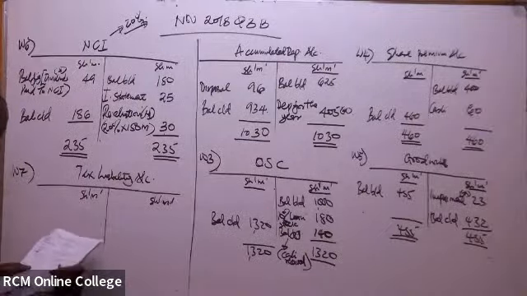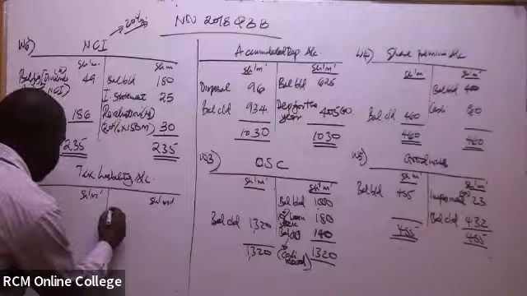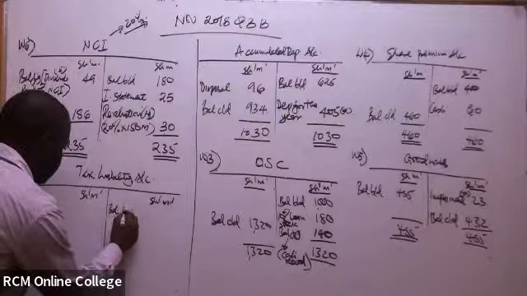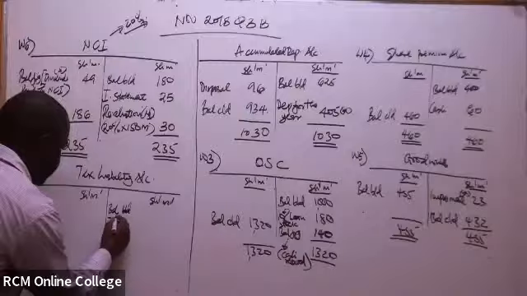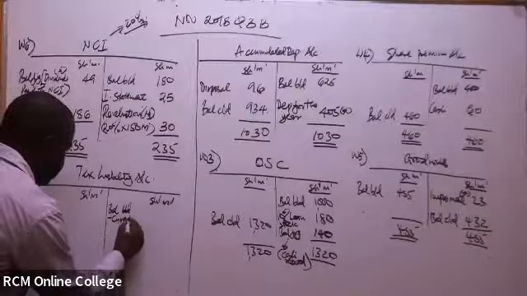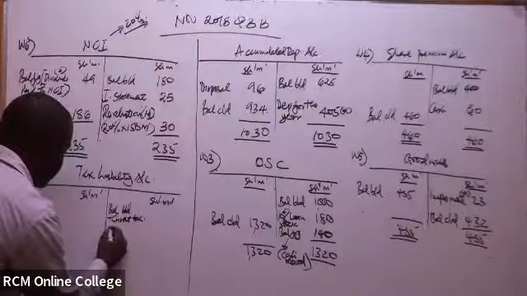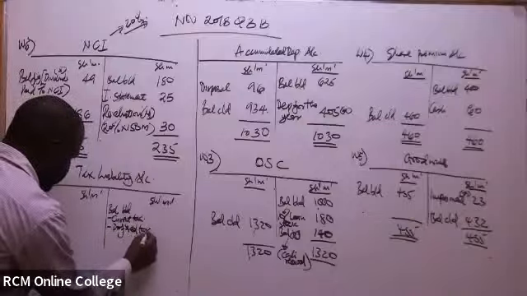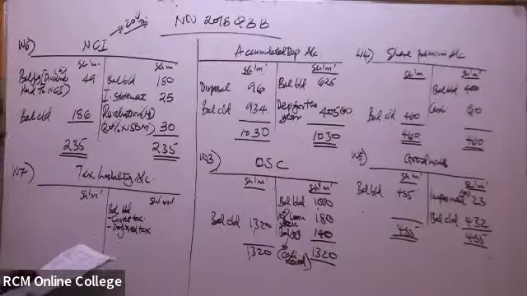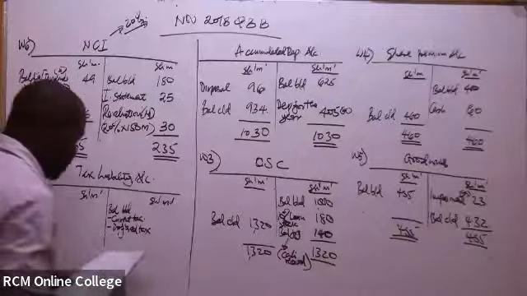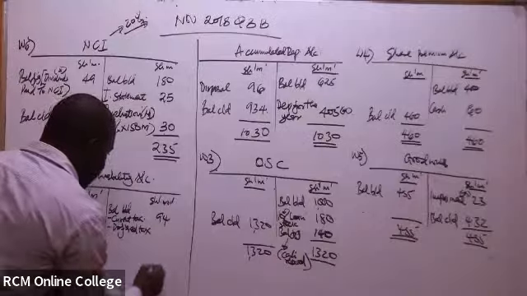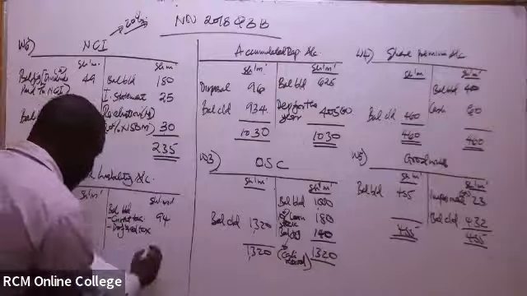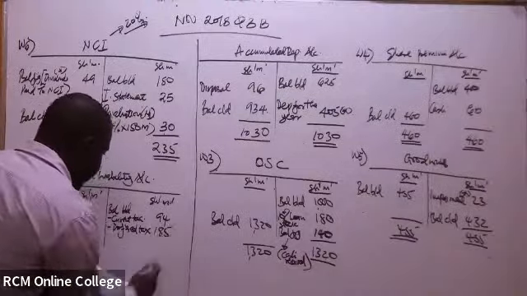There are two elements here regarding the balance brought down: the current tax and the deferred tax. The current tax is under the current liabilities, with an opening balance of 94. And for the deferred tax, you can see an opening balance of 185.